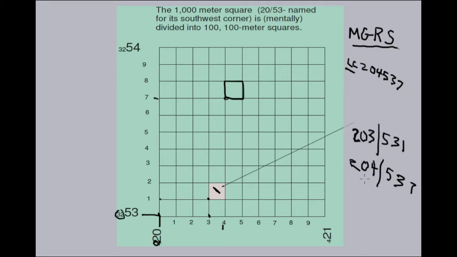So instead of saying my coordinates are 204 by 537, using the military system, once again, we still know we're in Zone 17R. I would say my coordinates are Lima Charlie 204537.